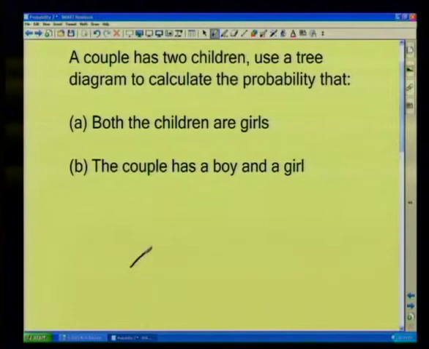What are we going to do first? We need to decide what are our different options. Now, if I have a child, the options are either they're going to be a boy or a girl. So my first child is either going to be a boy or a girl.